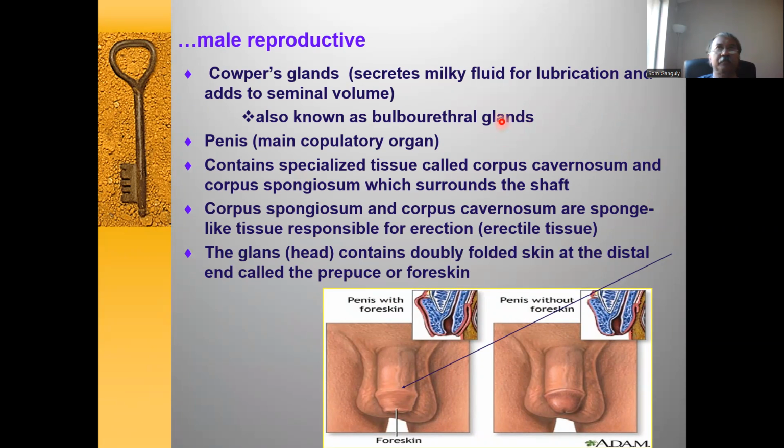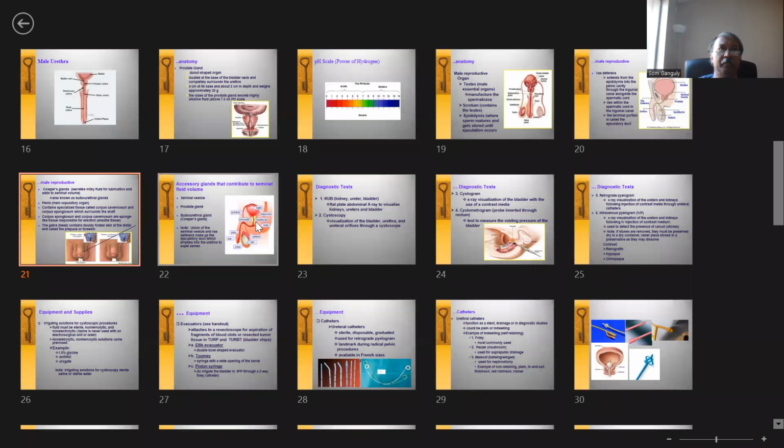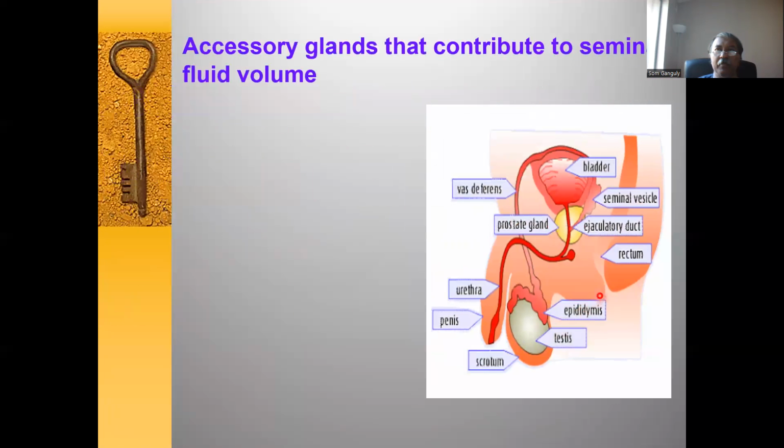Now, Cooper's gland is also known as the bulbourethral gland. We showed you that. Where it is located, we're going to go back again and see, right where the prostate ends, there is a tiny little structure about a radius of a couple of millimeters, less than a couple of millimeters.